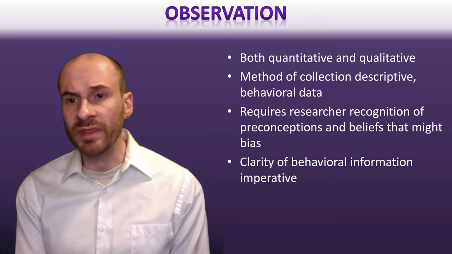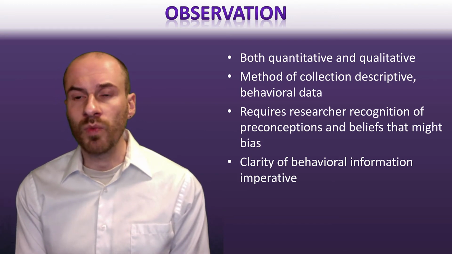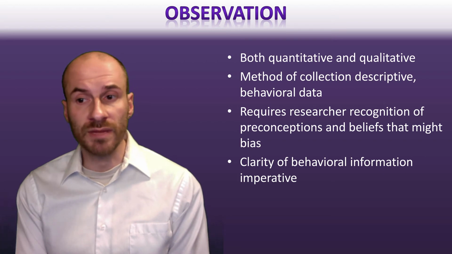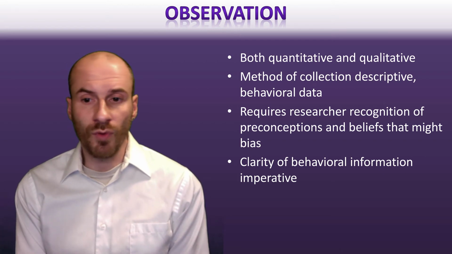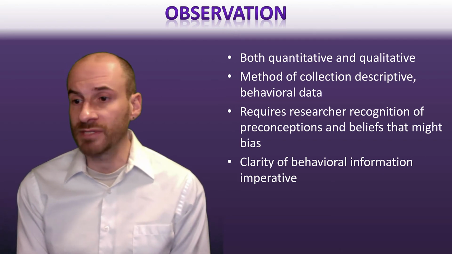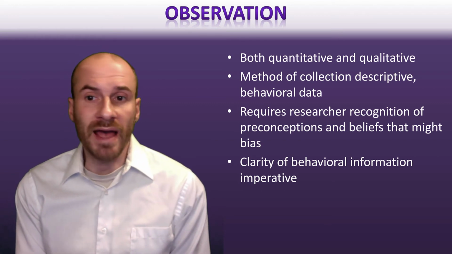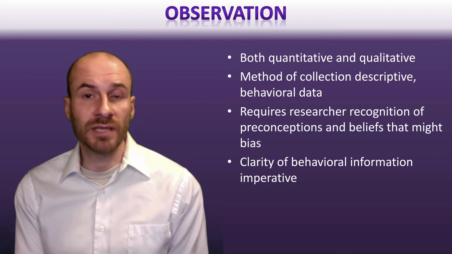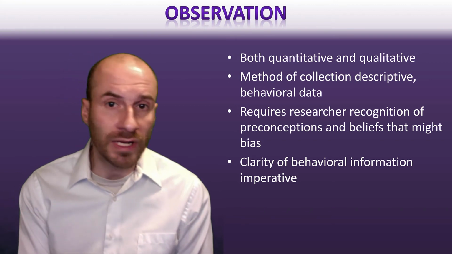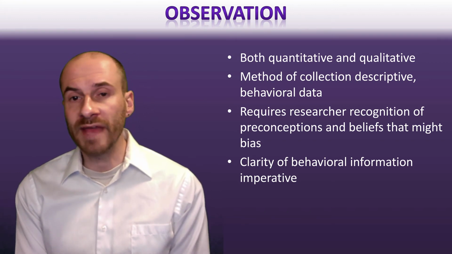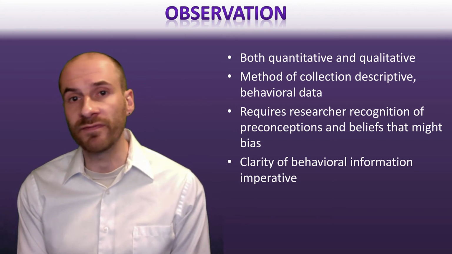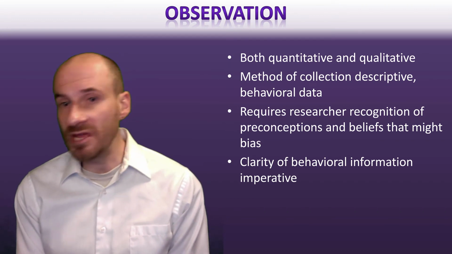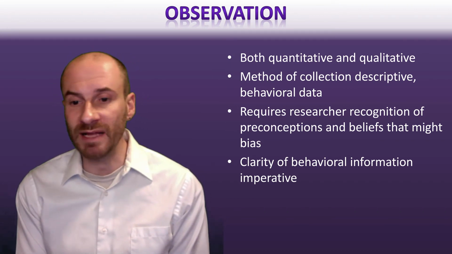Now, the problem with this is that when you as a researcher are observing something, there's a real possibility for your preconceptions and beliefs resulting in bias. So if you're making assumptions about whether a child is happy or unhappy, right, that's based upon your own assumptions of how a child is behaving. And maybe children behave differently than what you expected, right?